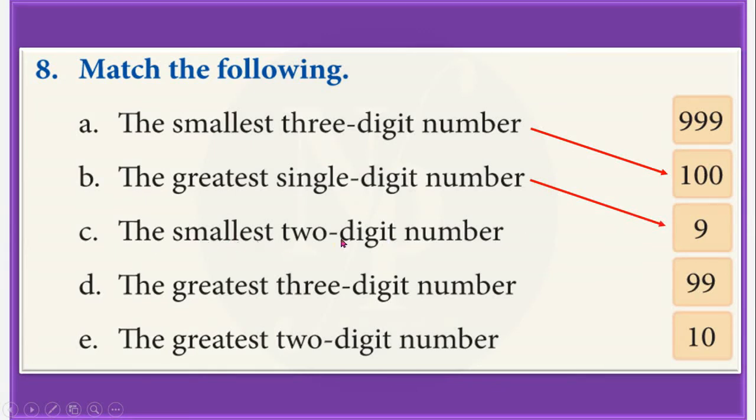C, the smallest two-digit number is 10, and draw a line to match these two. The greatest three-digit number is 999, so you should draw a line to match those. The greatest two-digit number is 99, draw a line and match.